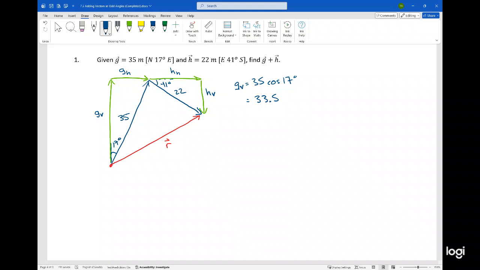Similarly, G horizontal is the opposite to 17. That's going to be the sine one. So G horizontal will be 35 sine 17 after I've done a quick rearrangement. And that, when I throw it into the calculator, is 10.2.